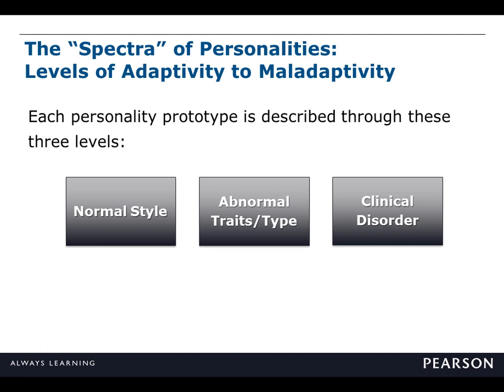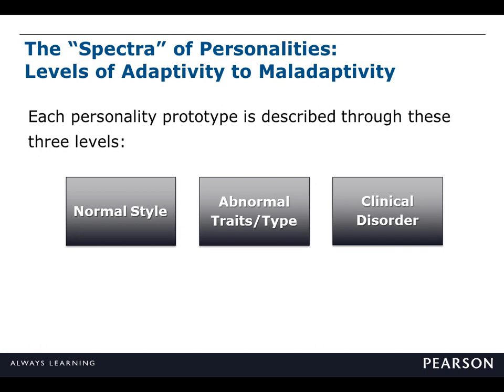So each personality prototype that we have within Millon's theory, and that is then represented on the instrument, might be described as a normal style. That is the lower end of the spectrum, where we see certain kinds of behaviors that are somewhat predictable but are generally speaking adaptive.